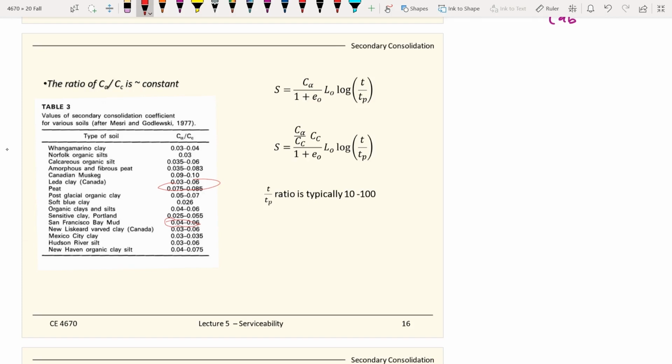If you look at our formulation, we don't know our C sub alpha if we don't have a consolidation test. But if we play around with the math, by the way, this is the equation for calculating settlements, which we talked about in 366. That is the deformation part, times the initial void ratio term, and this is the thickness of the soil layer you look at. Then you get the total settlement for your site.